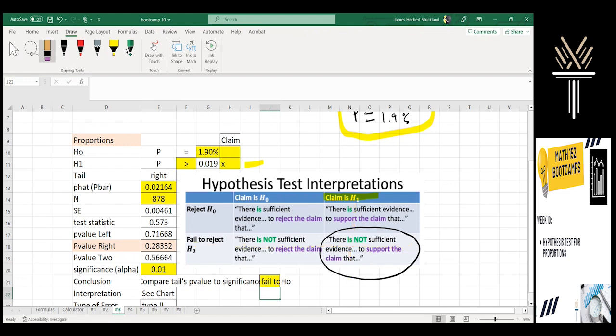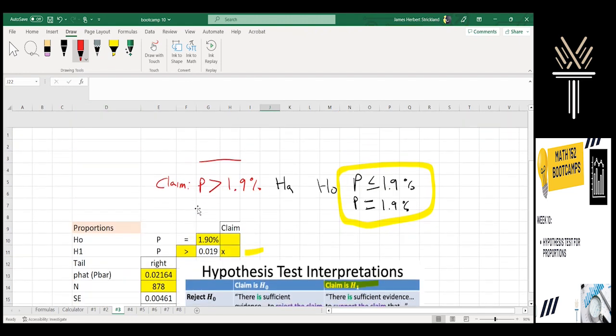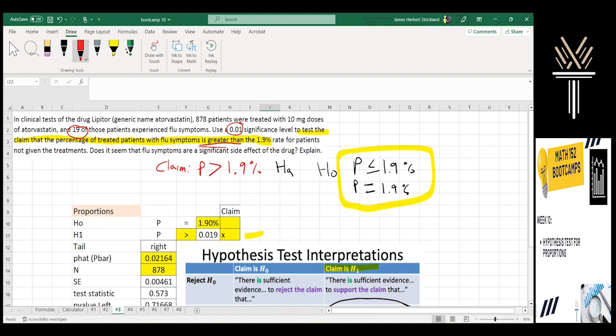There is not sufficient evidence at the 0.01 significance level to support the claim that it is greater than 1.9%. There's not enough evidence to support the idea that more than 1.9% would get sick from this medicine. So we're suggesting that it's either equal to or smaller than, but there's not enough evidence to support the idea that it's bigger than.